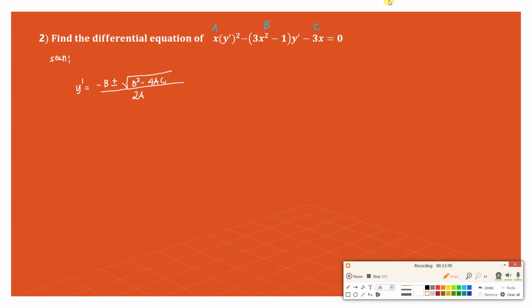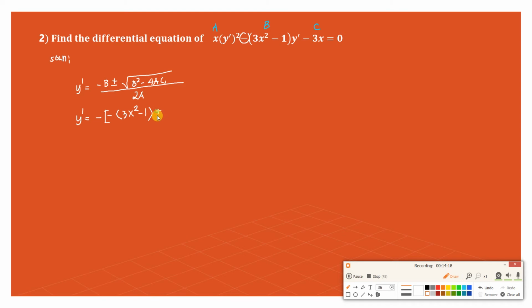Okay, so we have a, b, and c. So, let's proceed. So, yung y prime in general, negative b, where b is negative din, ha? Okay, yan. Madalas nagkakamali sa sign, no? Negative to. Kaya, itong negative, fix yan. Minus or negative b, which is 3x squared minus 1.